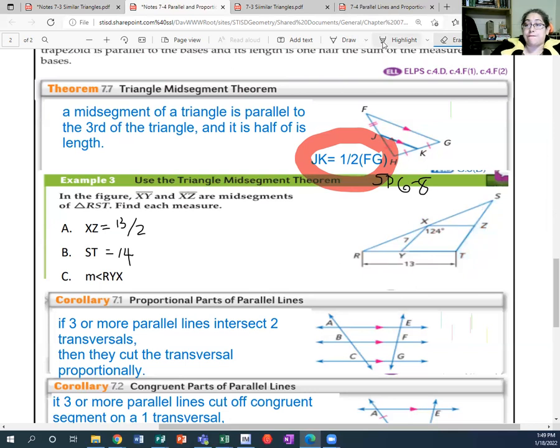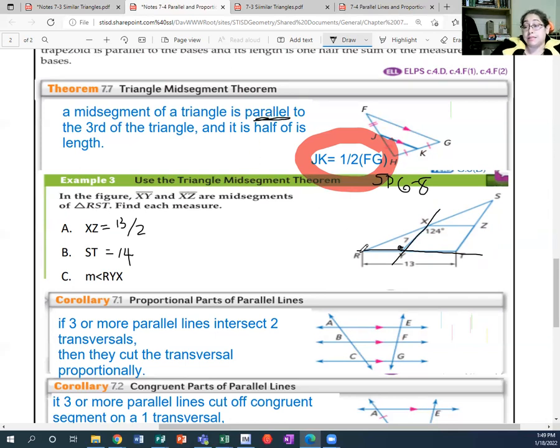Let's erase some of this mess because it's messy. All right, to try to find the measure of angle RYX. RYX, that's this angle right here. It lives along this base and this mid-segment. Now our theorem also tells us that that mid-segment is going to be parallel to the side of the triangle that it's not touching.